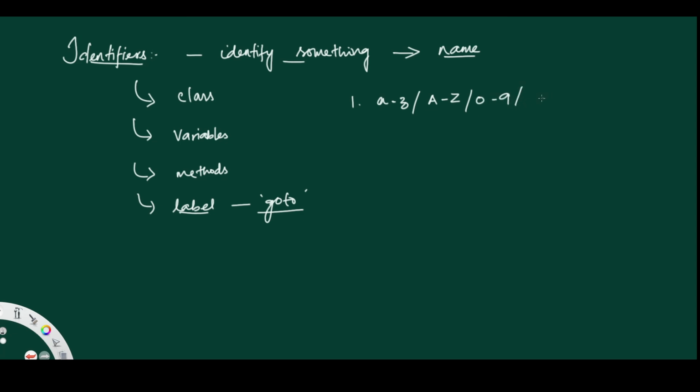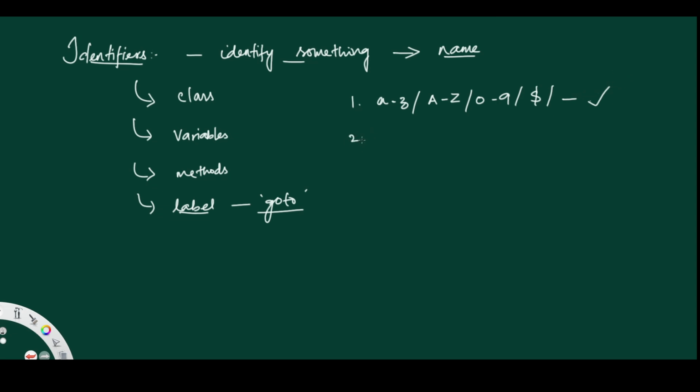And you can use only two special characters: one is dollar and another one is underscore. If you use any one of these, or mix all of them in an identifier name, then that will be valid. If you use any other special characters other than dollar and underscore, then that will be invalid.